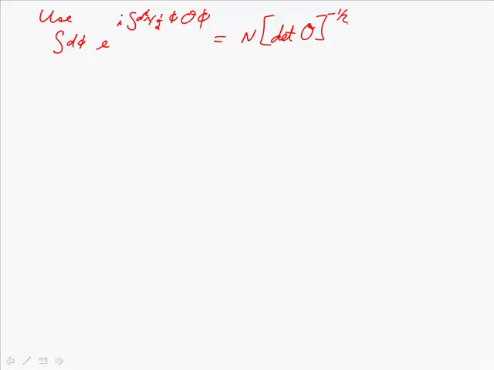Okay, that's the other integral formula. If you remember when we first started doing the finite dimensional Gaussian integral, we started by doing that one and you get the determinant.